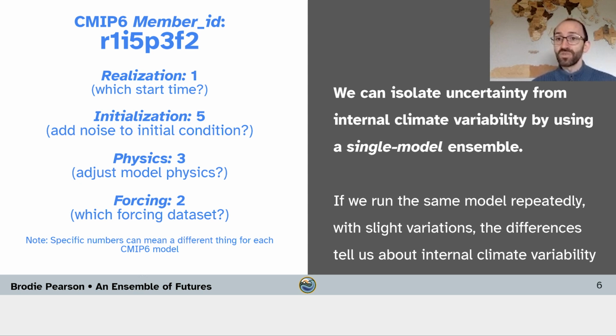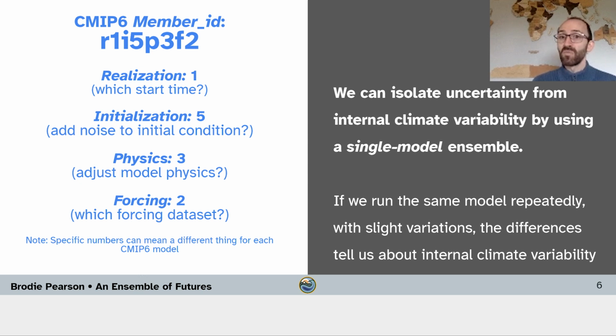All of the historical simulations in CMIP are initialized from a spin-up simulation of that model that might be run for hundreds to thousands of years until it equilibrates before starting the 1850 historical simulation. So these realization members of a single model ensemble could be started from slightly different years of the spin-up simulation.